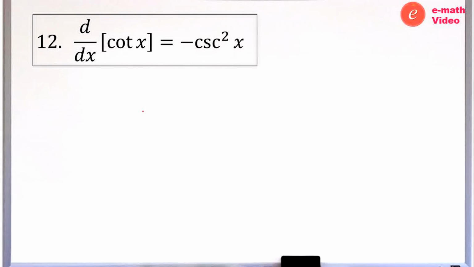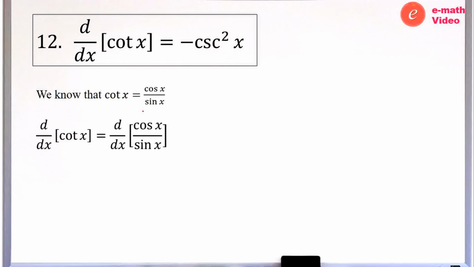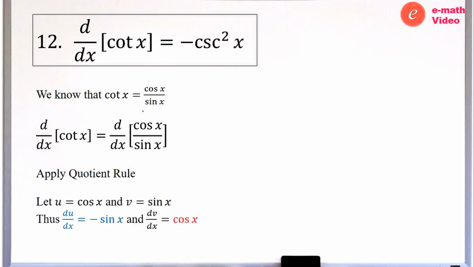Number 12, the derivative of cotangent x. This one is quite similar to just now, but this time, cotangent x equals cos x over sin x. So the derivative of cot x will be the same as the derivative of cos x over sin x. Apply the quotient rule. Let u equal cos x and v equal sin x. Thus, du over dx equals negative sin x and dv over dx equals cos x.